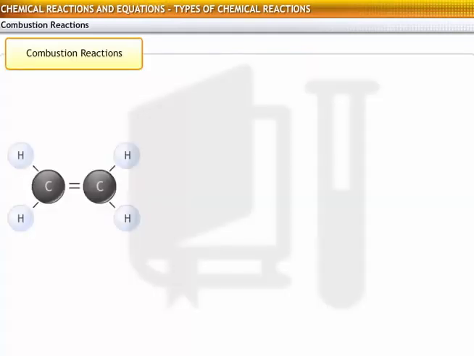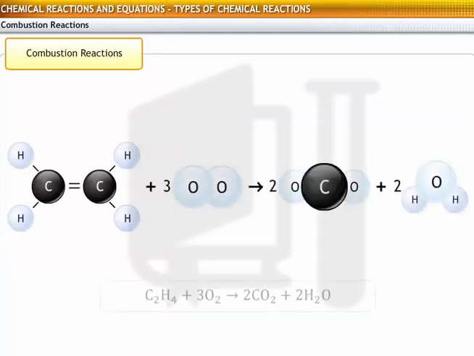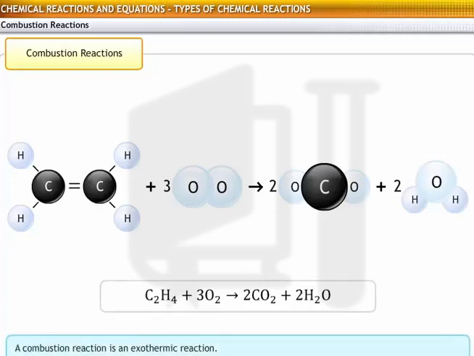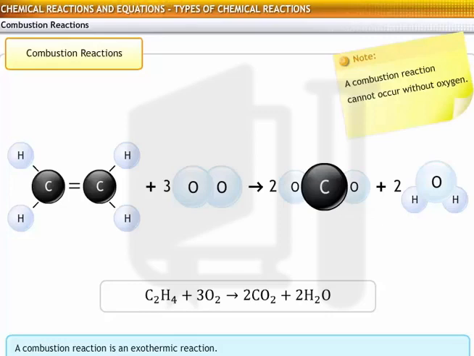For example, ethylene burns in the presence of oxygen to produce carbon dioxide, water, and heat. As a combustion reaction results in the release of heat energy, it is an exothermic reaction. Remember, a combustion reaction cannot occur without oxygen.